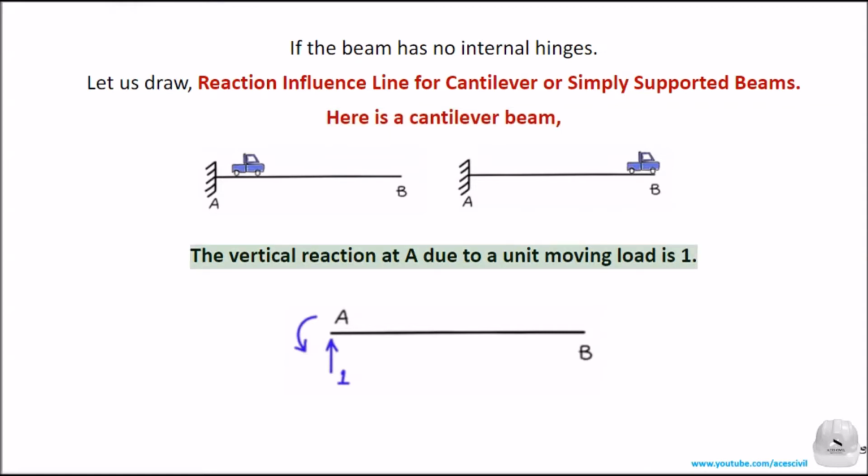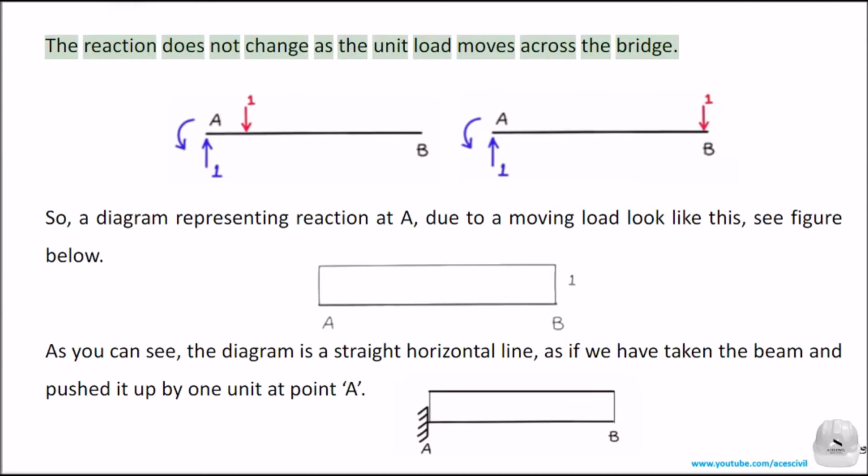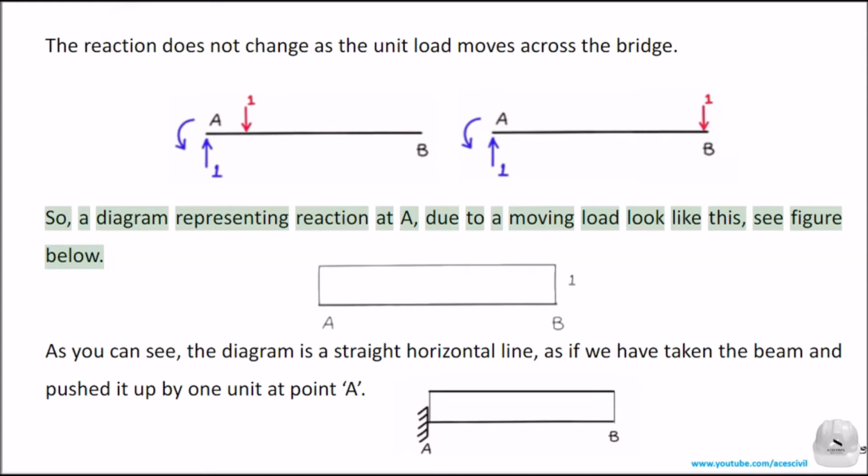The vertical reaction at A due to a unit moving load is 1. The reaction does not change as the unit load moves across the beam. So, a diagram representing the reaction at A due to a moving load looks like this. See figure below.